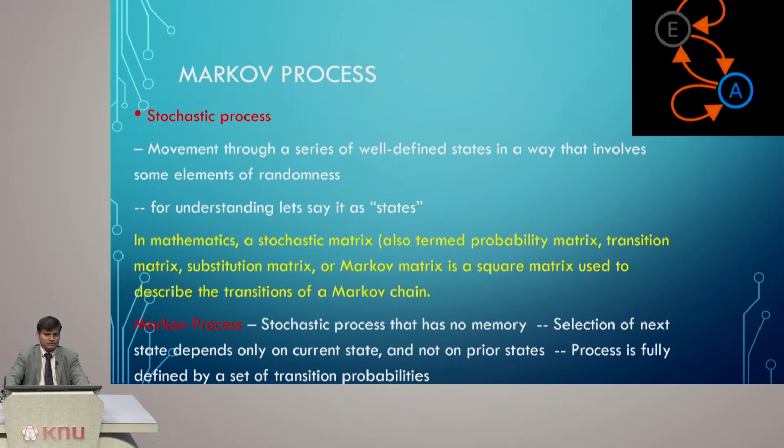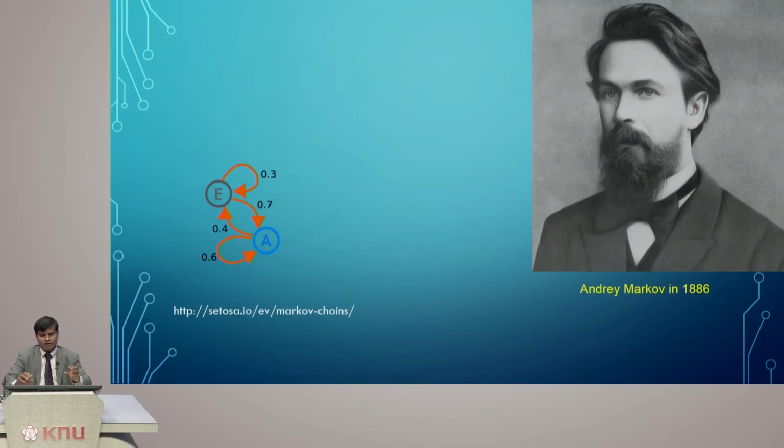This process can be defined and realized using something called transition probability. As we have seen here, moving from A to E or E to A is a transition from one state to another state, and you have a probability of occurrence.